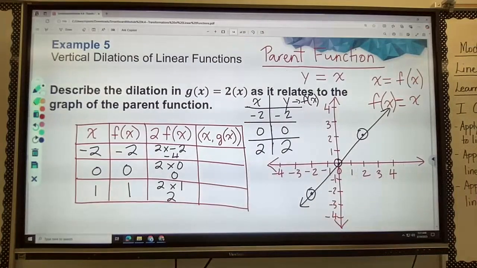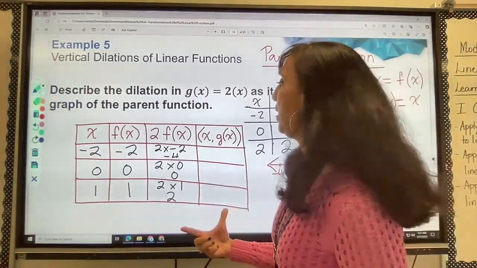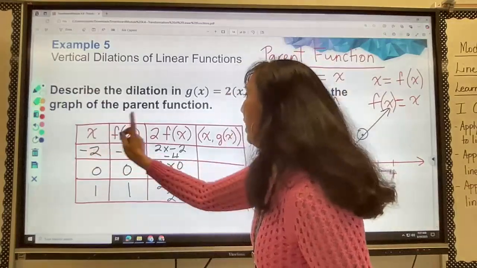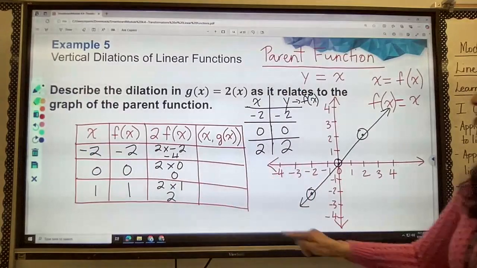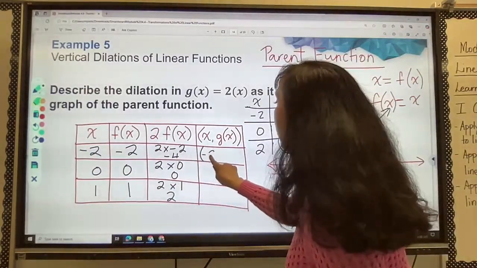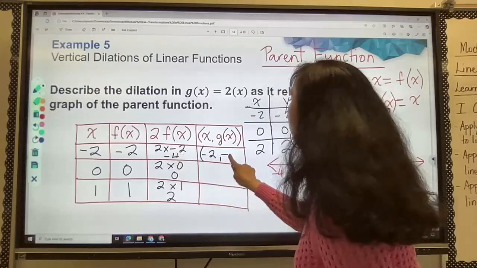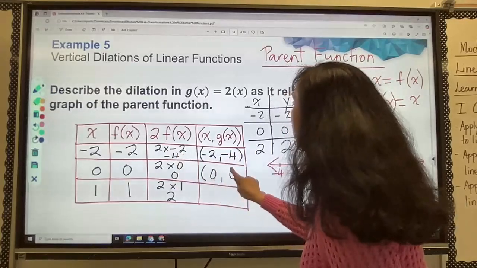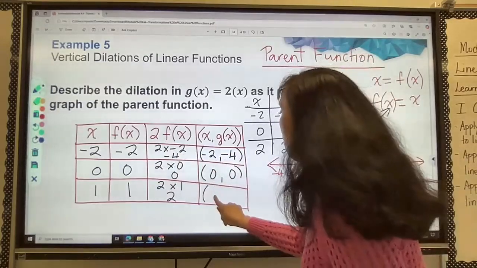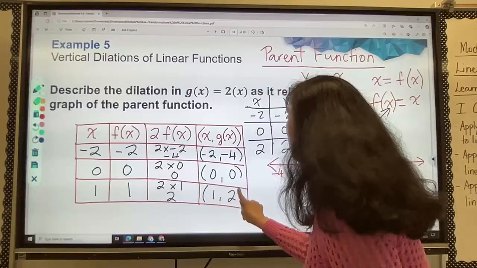So now what am I doing? I am making my ordered pair with the x and 2 times f of x. So my ordered pairs now are -2, -4. I have 0 and 0. I have 1 and I have 2.